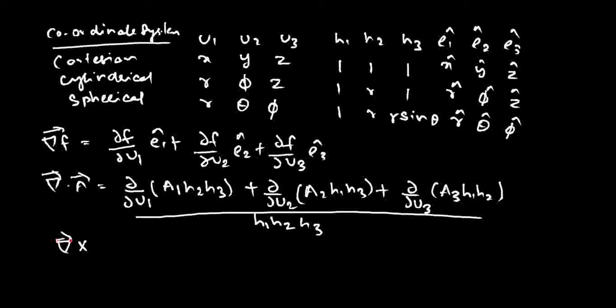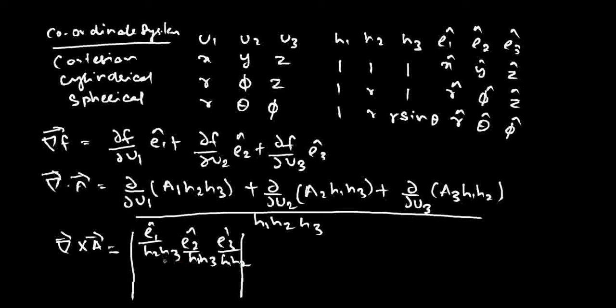Del cross A can be found out as the determinant of E1 cap by h2 h3, E2 cap by h1 h3, E3 cap by h1 h2; dou by dou u1, dou by dou u2, dou by dou u3; A1 h1, A2 h2, A3 h3.